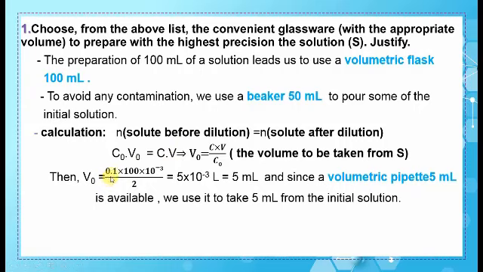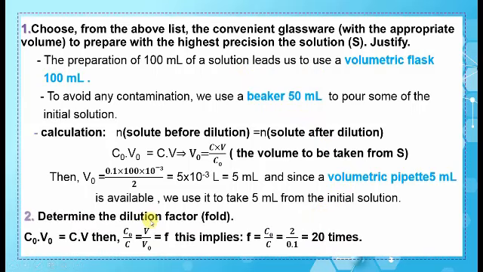Okay, V0 equals 0.1 times 100 times 10 to the minus 3 over 2 equals 5 times 10 to the minus 3 liter equals 5 milliliter. And since a volumetric pipette 5 milliliter is available, we use it to take 5 milliliter from the initial solution. So the materials are volumetric flask 100 milliliter, beaker 50 milliliter, and a volumetric pipette 5 milliliter.